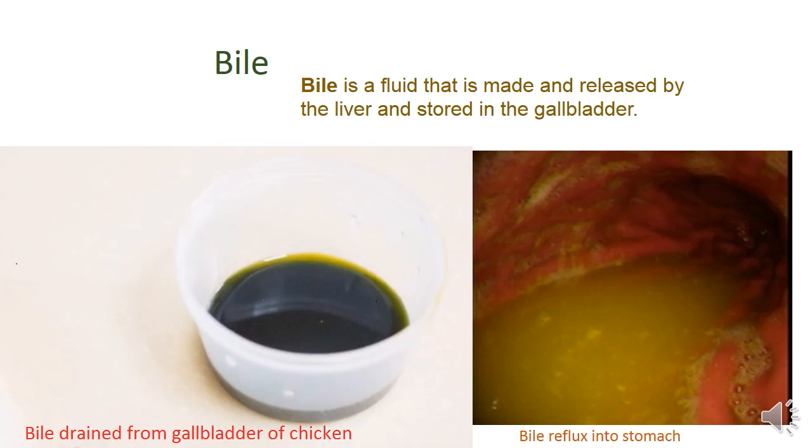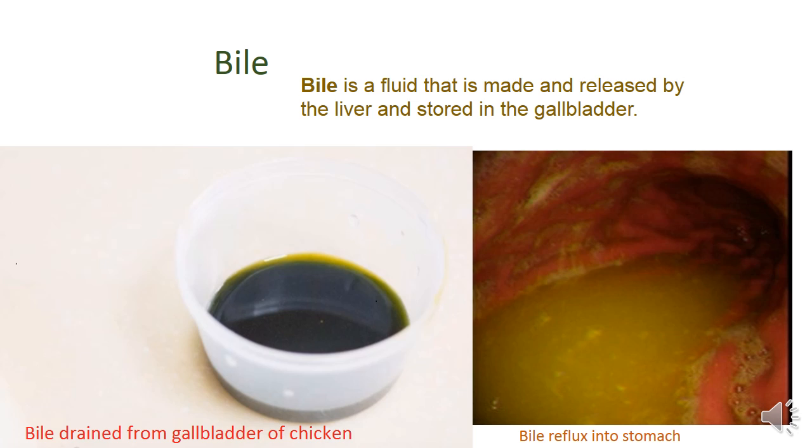Now, one of the other things you need to know about is bile. Bile is a fluid that is made and released by the liver and stored in the gallbladder. Now, just to give you a real feel, this is bile which is drained from the gallbladder of a chicken. And those who wanted to see the human specimen, please don't get disheartened because I've got it for you.